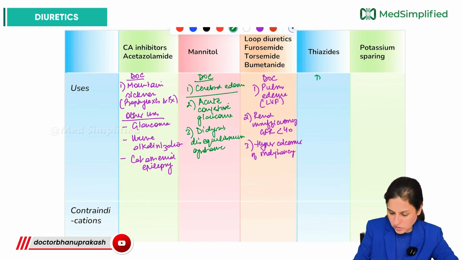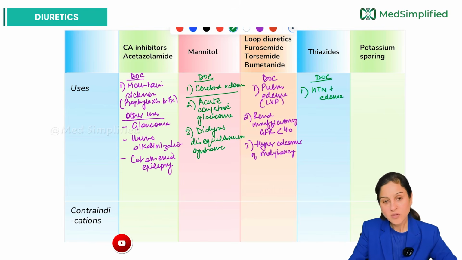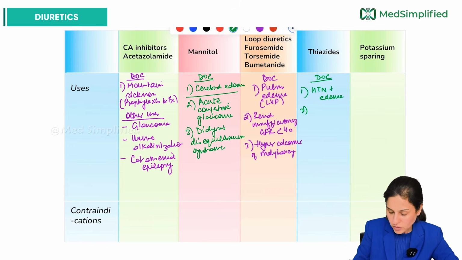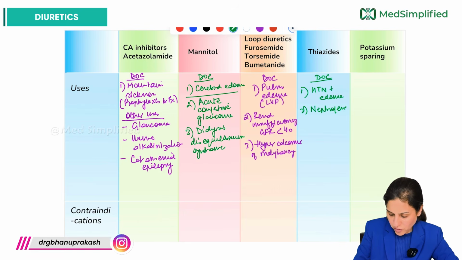Thiazides are a drug of choice when there is hypertension along with edema. They are useful here, and they are also the drug of choice in nephrogenic diabetes insipidus.